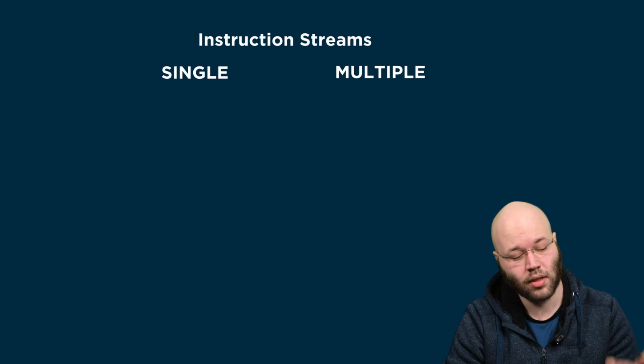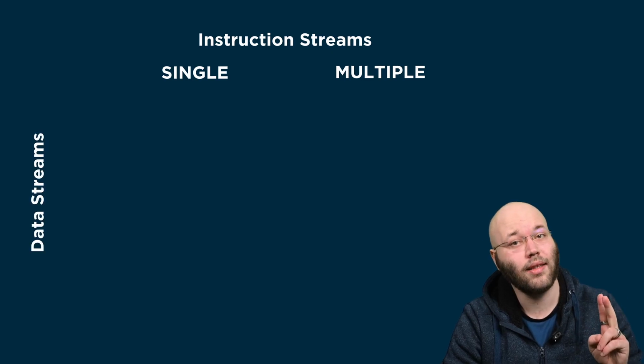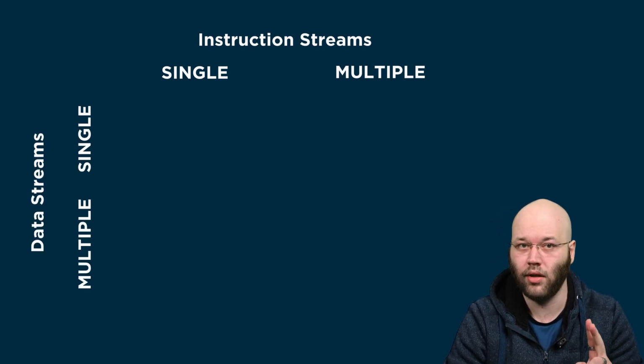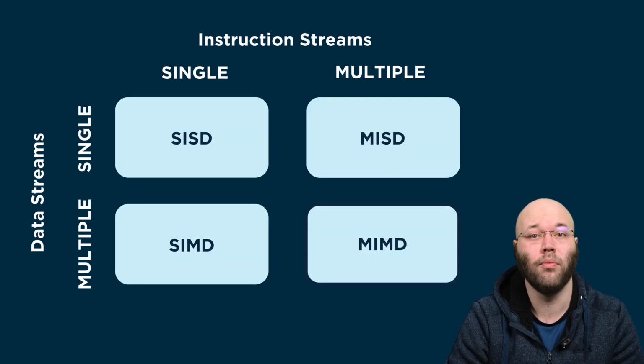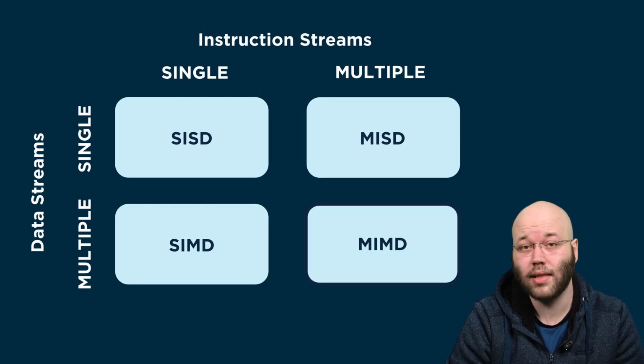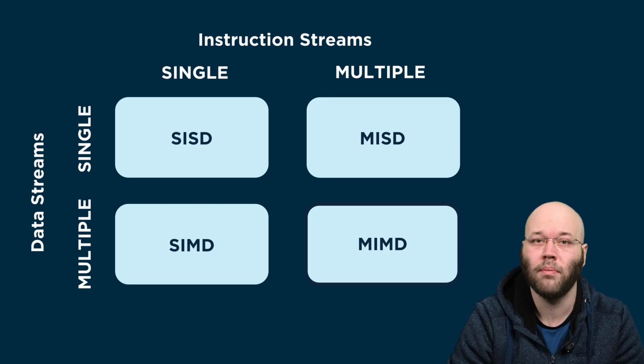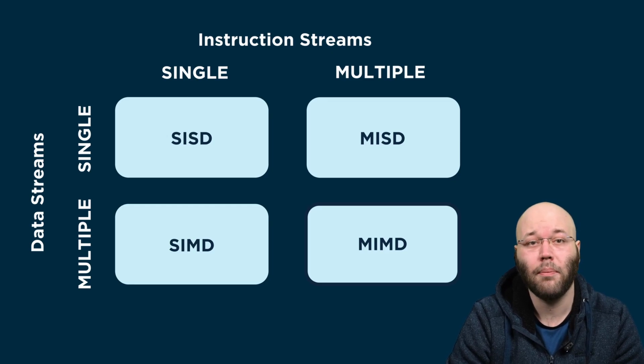It categorizes computer architectures based on 2 fundamental dimensions: 1, how many instruction streams the system can execute at once, and 2, how many data streams the system can process simultaneously. This classification results in 4 distinct categories of computer architectures, which we will examine in detail. Understanding these classifications is essential as they form the foundation for modern parallel computing and help us analyze performance characteristics at a high level.